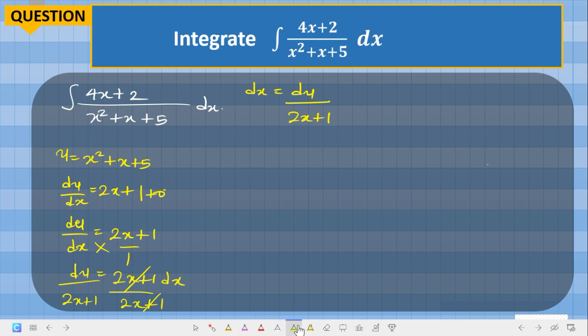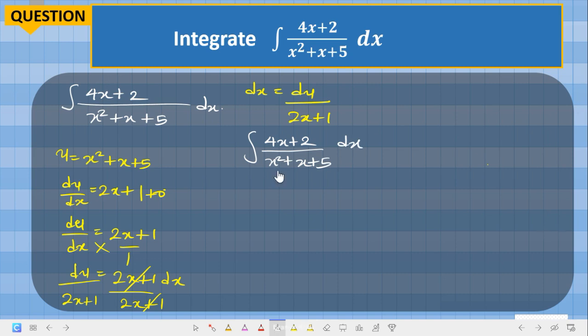Okay, now going back to our substitution, you know that the question given to you was 4s plus 2 all over s squared plus s plus 5 ds.